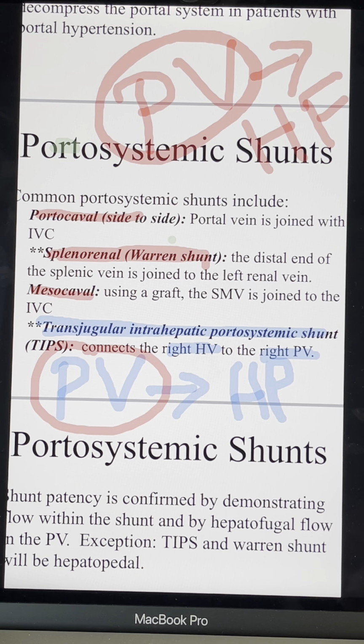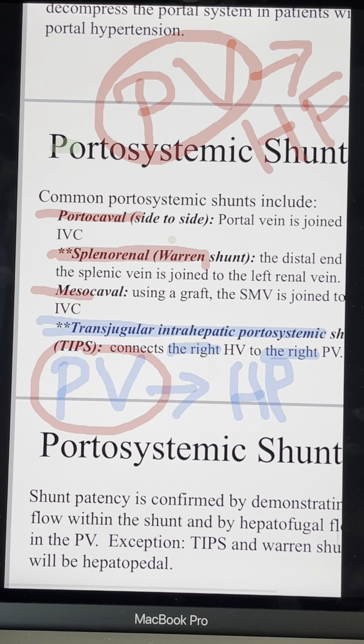Now, the next thing is what is going to be the blood flow in the shunt itself. So talking about the shunt itself, I will just make a correction if I need to. But there are two things.